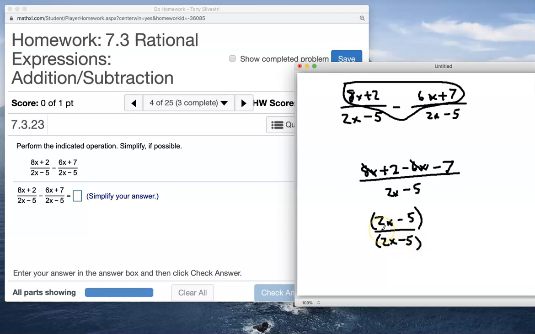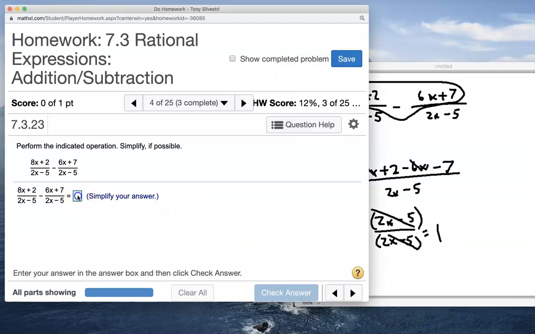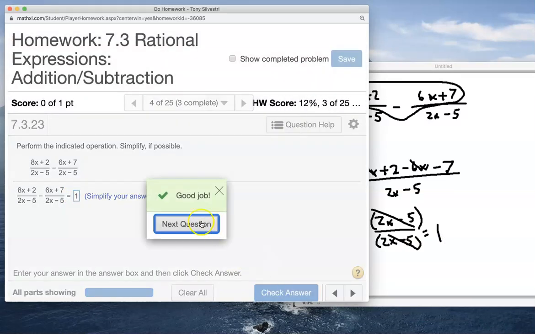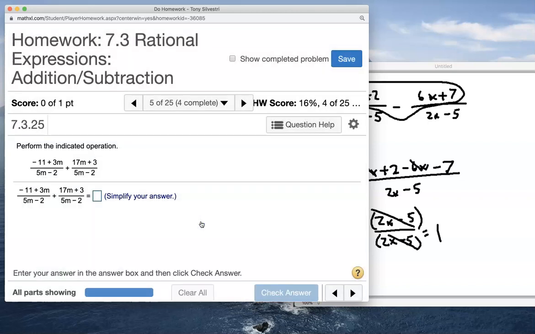We have the same bundle top and bottom. Don't enter 2x minus 5 divided by 2x minus 5. It'll be miserably wrong. You have to factor. In this case you don't have to factor, but the factors are the same. So good, cancel them out. And when everything cancels, you're left with 1. There you go. Who would have thought that big mess is the number 1? Great. Good job.